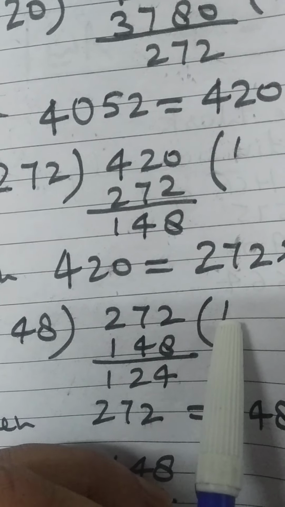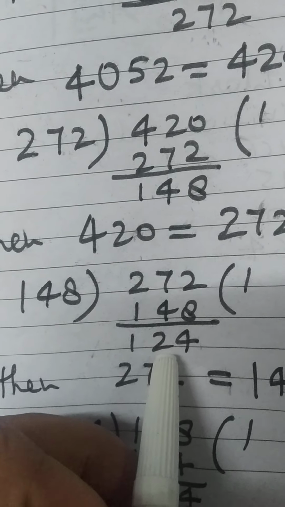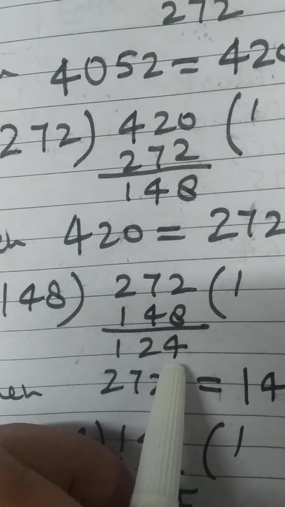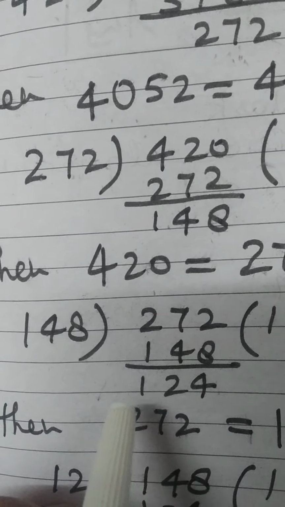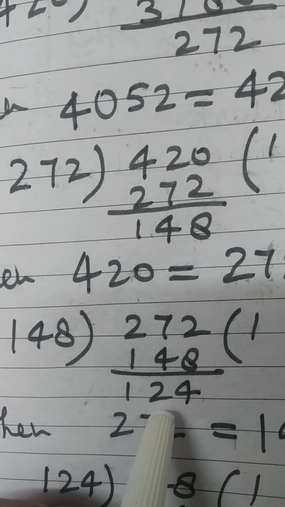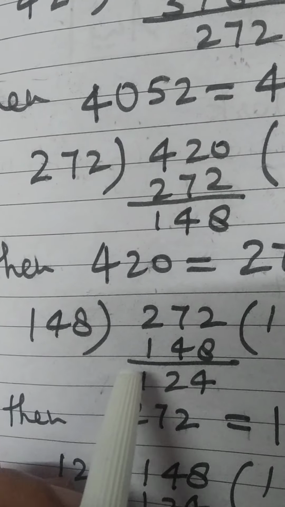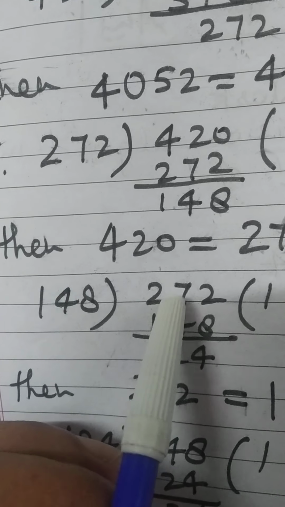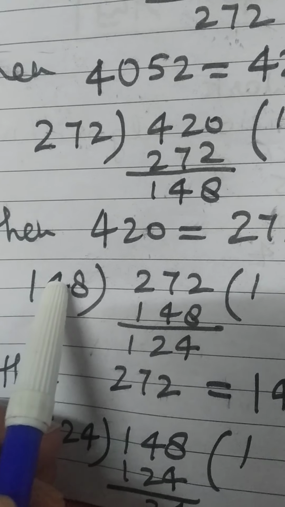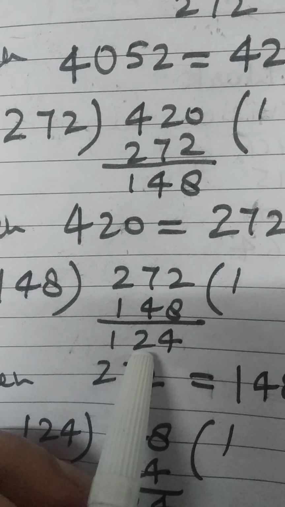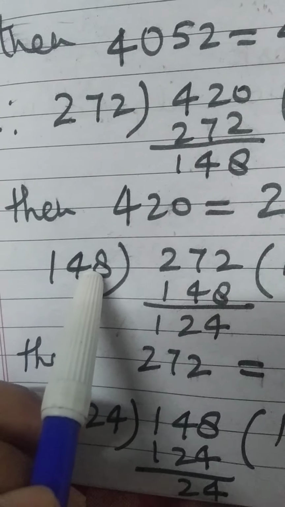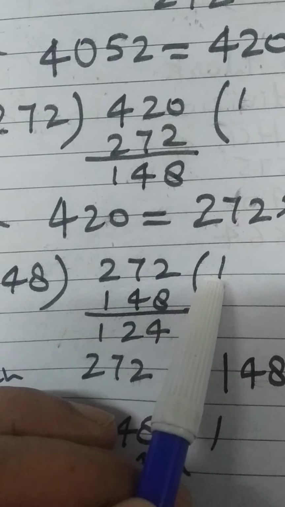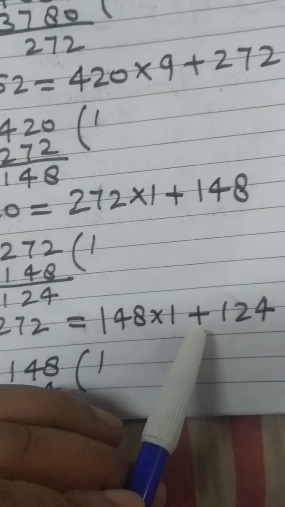Value of quotient is 1 and value of remainder is 124. Then by Euclid division algorithm, 272 is equal to 148 into 1 plus 124. Dividend is equal to divisor into quotient plus remainder.